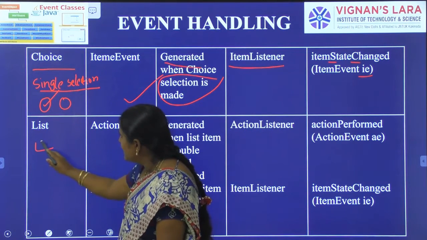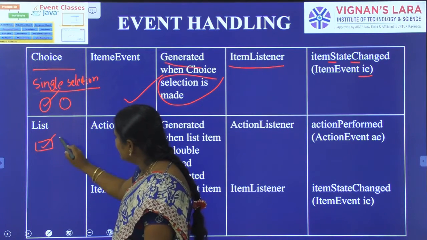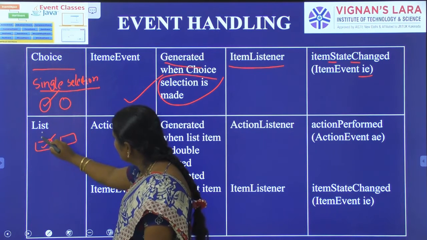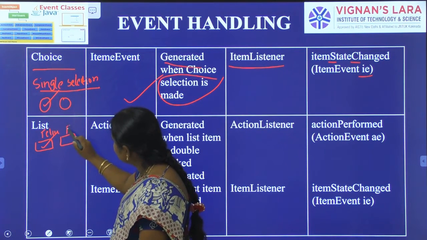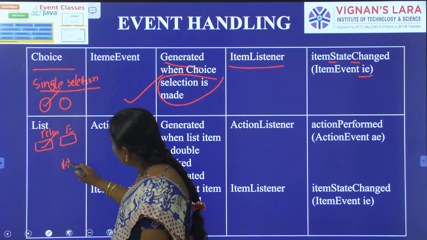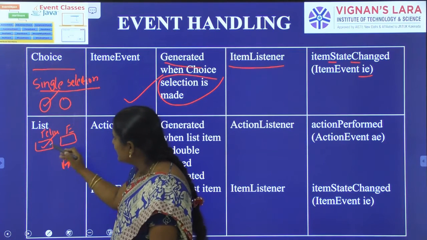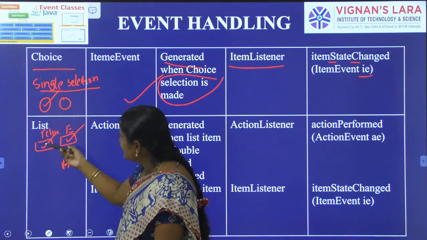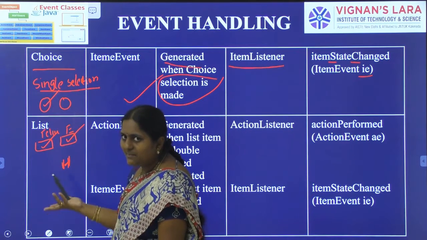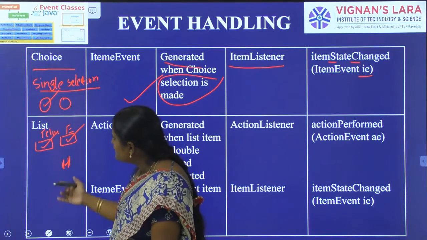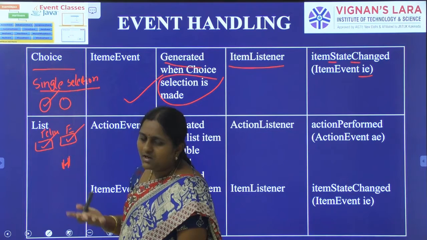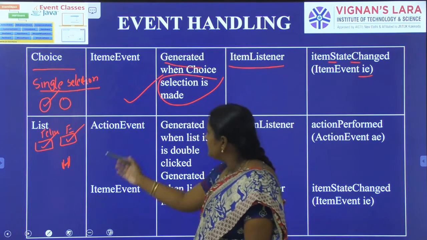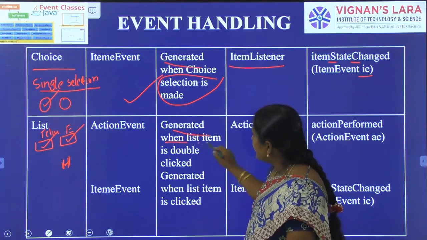Suppose I know Telugu, English, Hindi. Everyone knows Telugu, English and other languages, so you can select Telugu, English. So multiple selections are made, out of which we can select two or more selections.